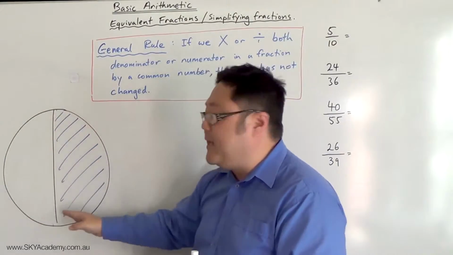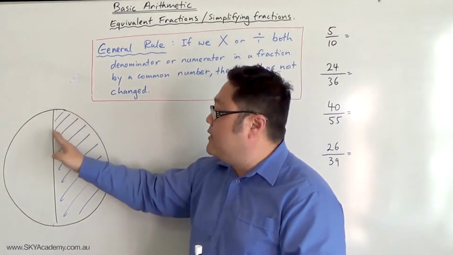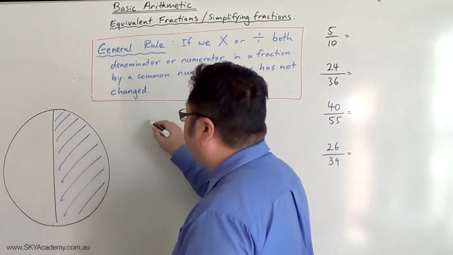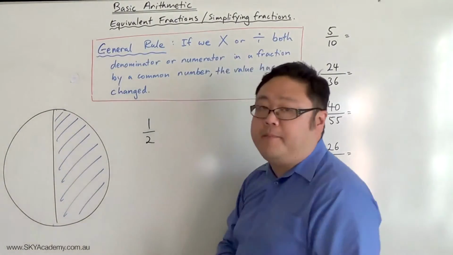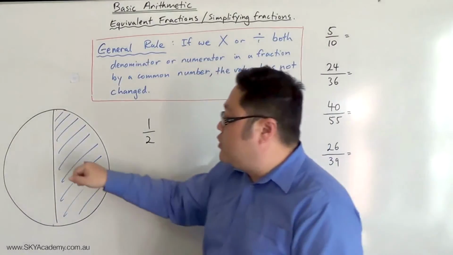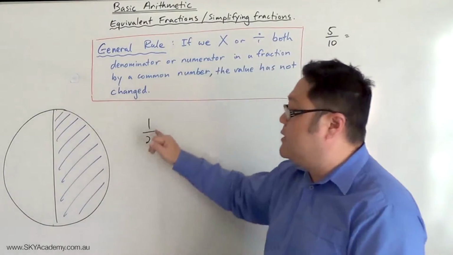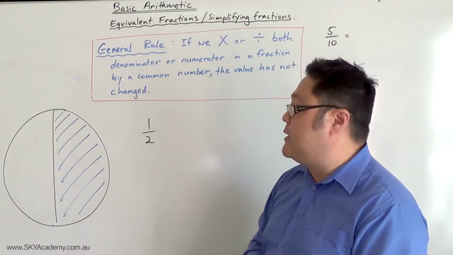Just say this is a pizza, and we've set aside half of the pizza. Obviously, that half is 1 on 2, right? So we've got two big pieces, of which one of those pieces is set aside.